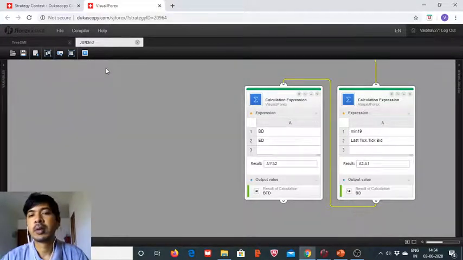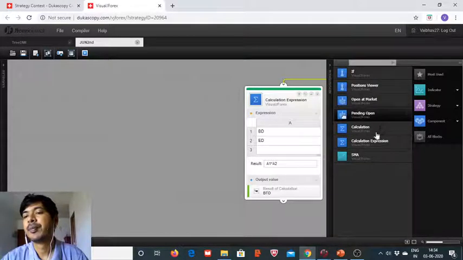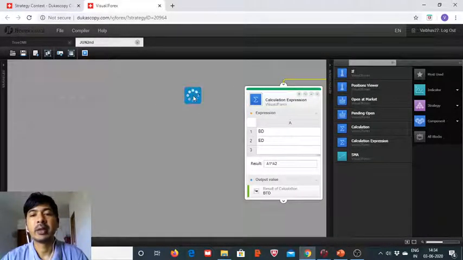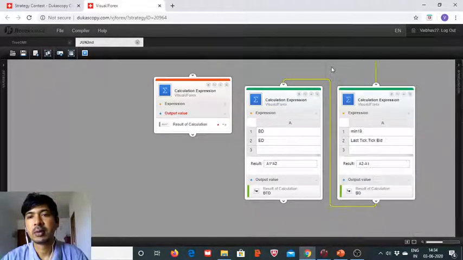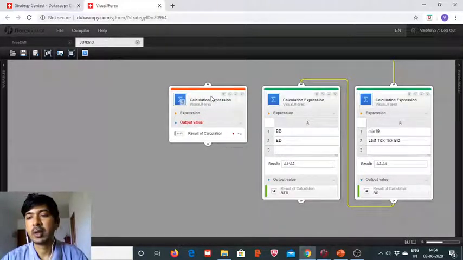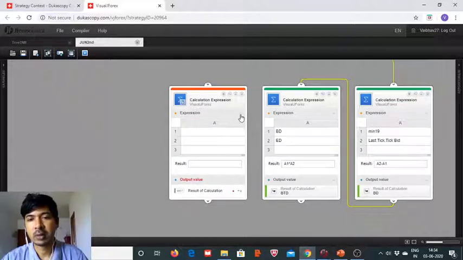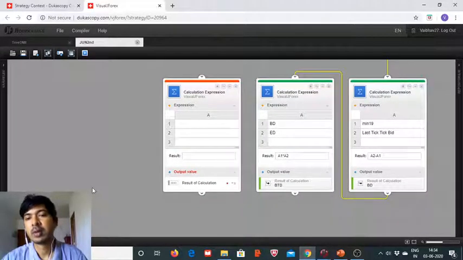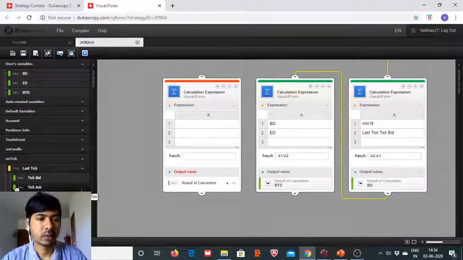And now let us do the calculation for the buy entry as well. So here we take this and we will need last tick price.